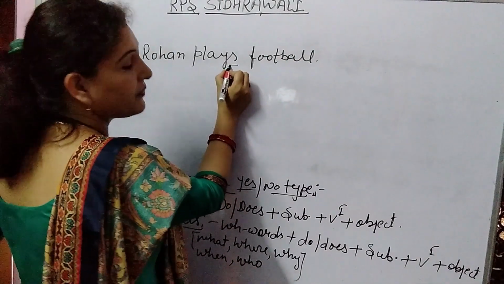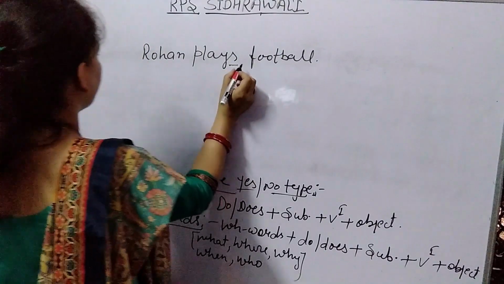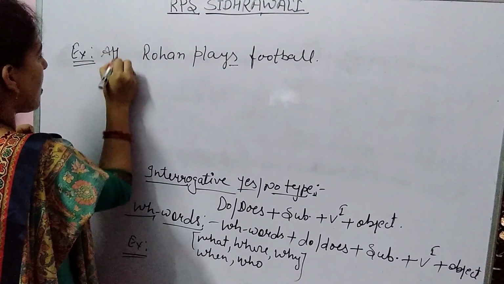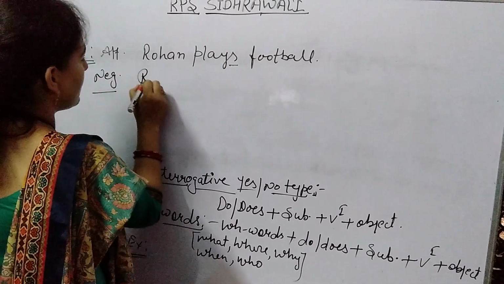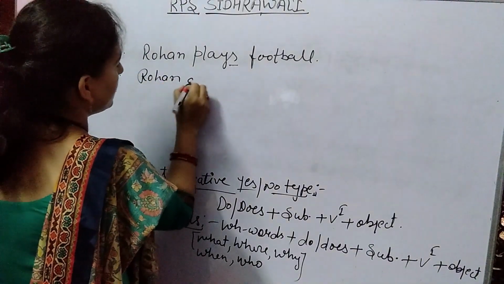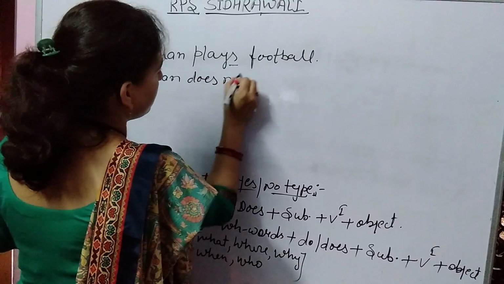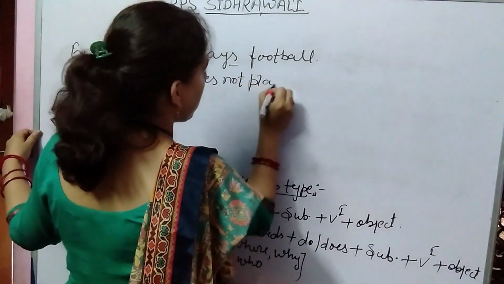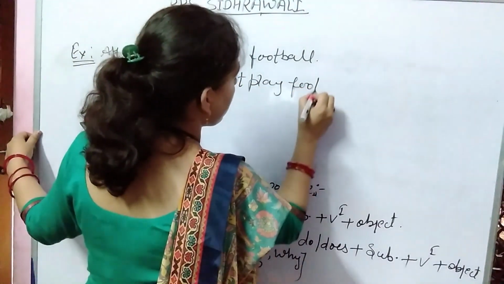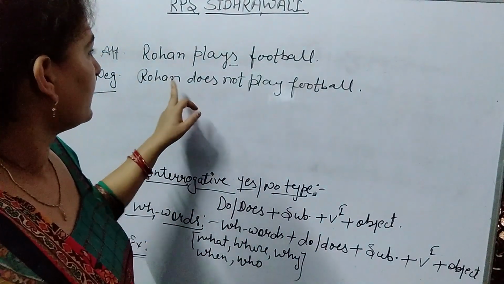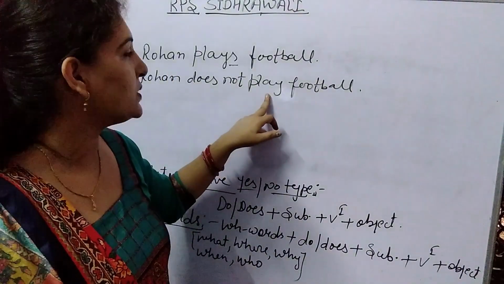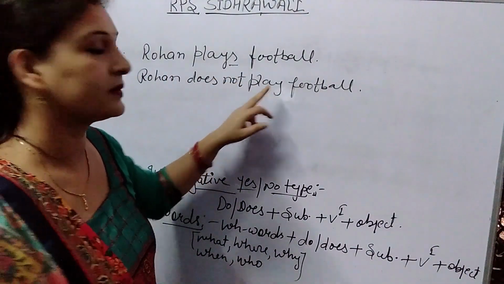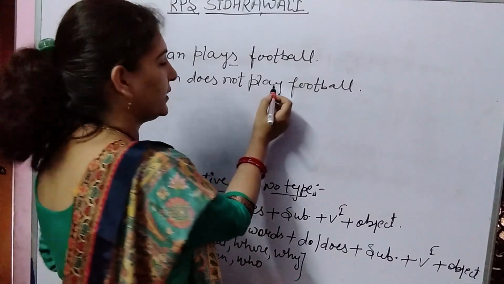This is the fifth form of the verb. Affirmative. Negative: Rohan does not play football. In this tense, we will not use the fifth form of the verb. We use only V1.